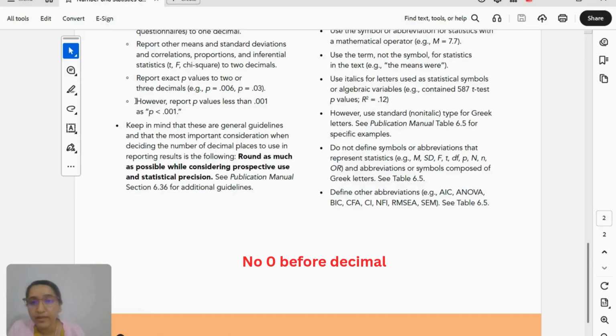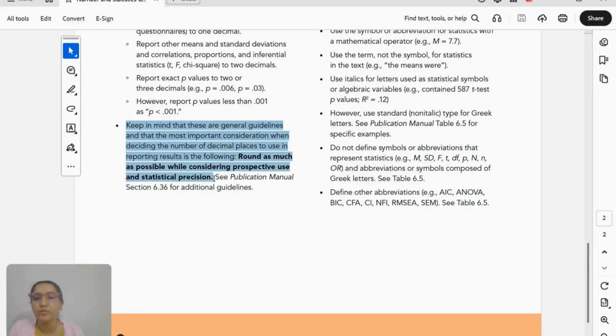However, for p-value reporting, if it's less than .001, then we can just use the less than symbol. So these are really interesting, right? And then round as much as possible while considering the prospective use and statistical precision.